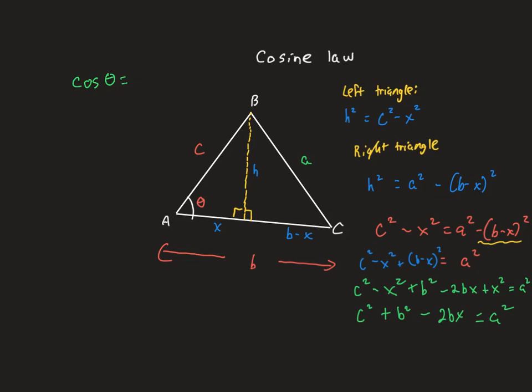So by SOHCAHTOA, I'd have, well, opposite over hypotenuse, that's for my sine, sorry, misspoke there. You'd have adjacent over hypotenuse, which would be x over c. Okay, so if I wanted to solve for x, x is c times cosine of theta.